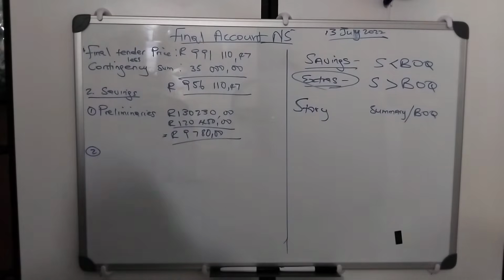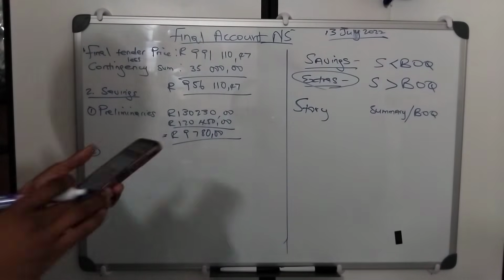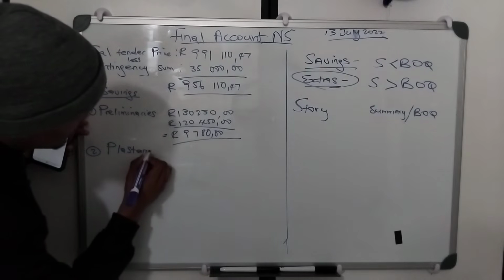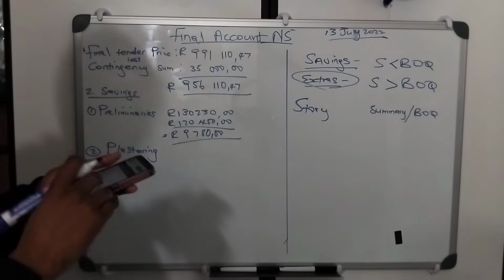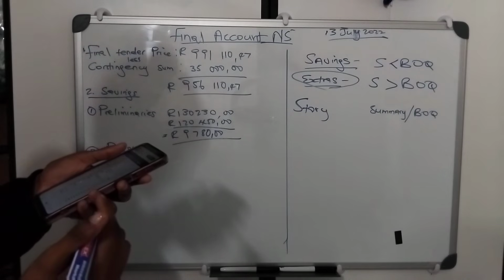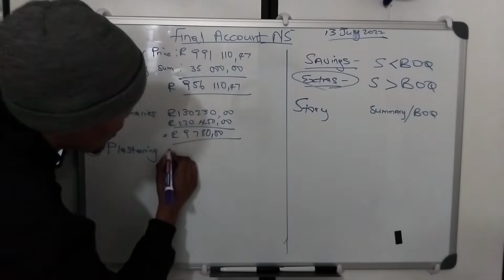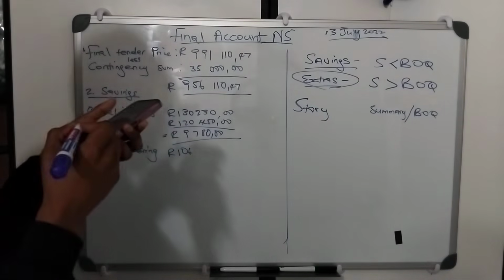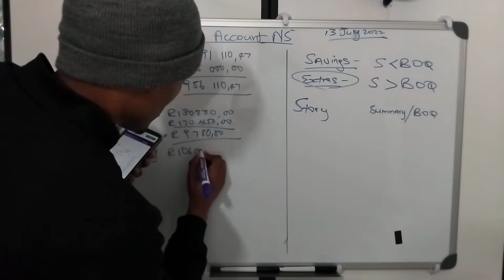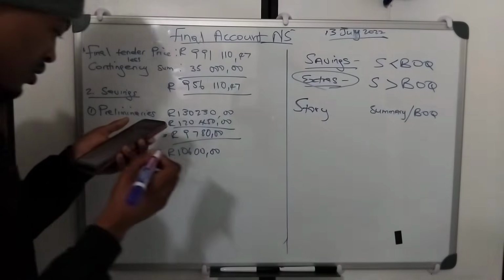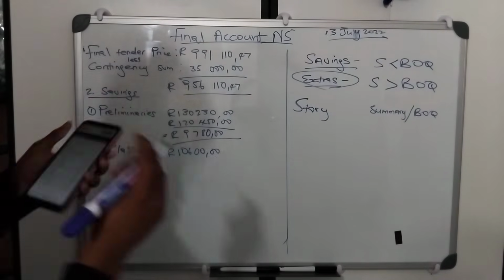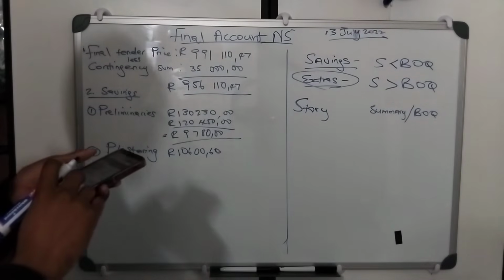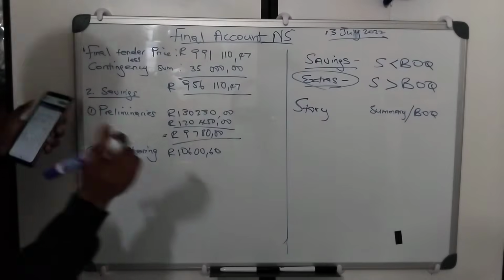Then the second one is our plastering. Go to plastering. Check the BOQ. Plastering is 106.60. Yeah, 60 cents, sorry. Then what's its amount on the store?